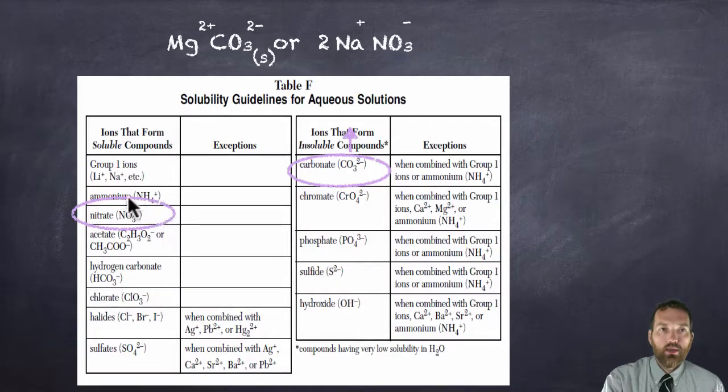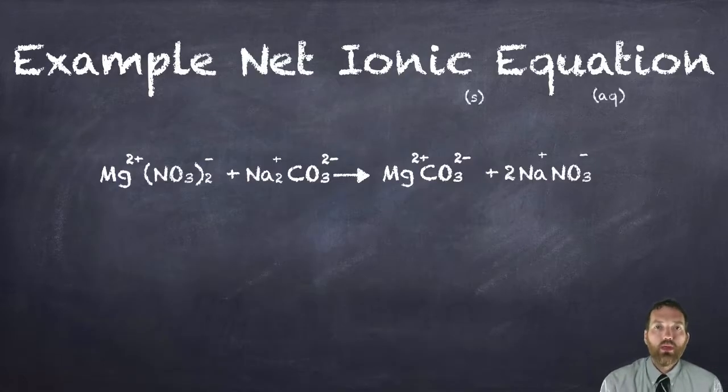It is right here. It is soluble, and there are no exceptions, so we stay in the aqueous zone here. So now I know that in my products for my double replacement reaction, this is my solid. This is the actual precipitate that's made, and this is going to stay as dissociated ions in solution.